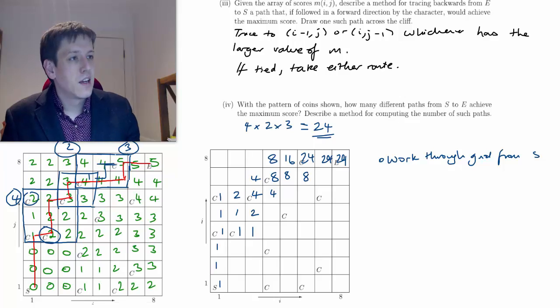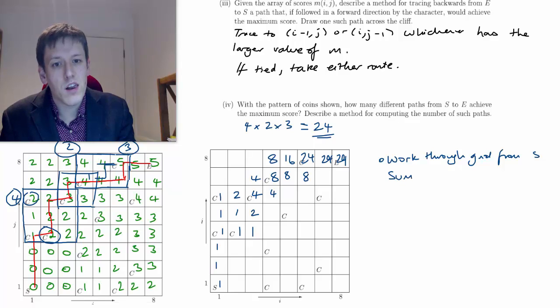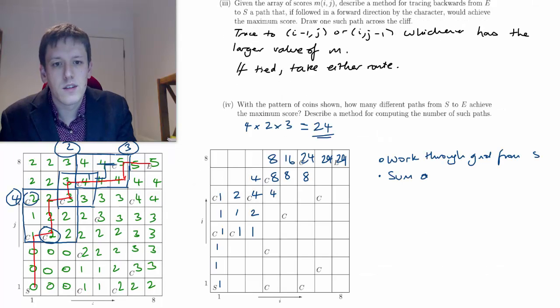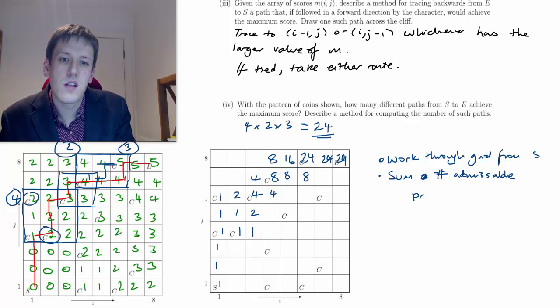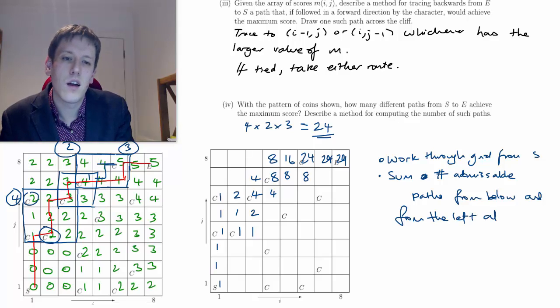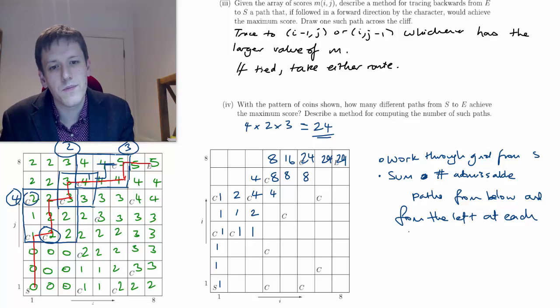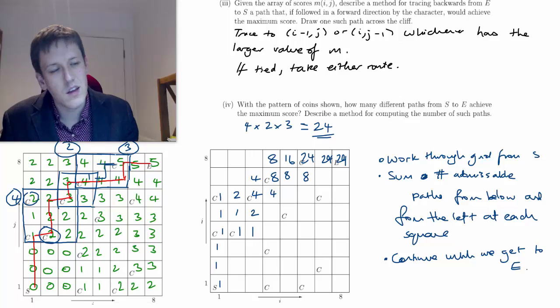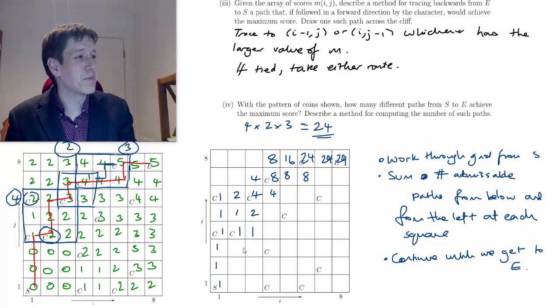So we essentially sum the number of admissible paths from below and from the left at each square, and then continue until we get to E, okay.